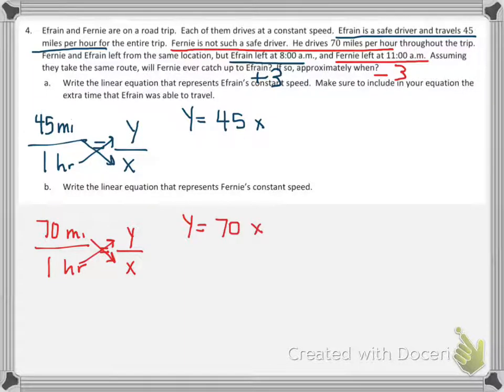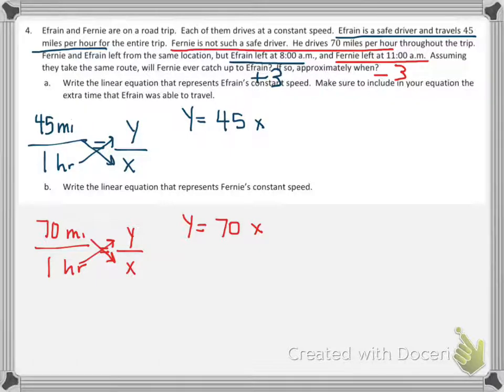Now, if they left at the same time, from the same place, then these would be our 2 equations. But they didn't, right? Either Efren traveled 3 more hours than Fernie, or Fernie traveled 3 less hours than Efren. So we have to choose one of those to account for the difference in the time that they left.